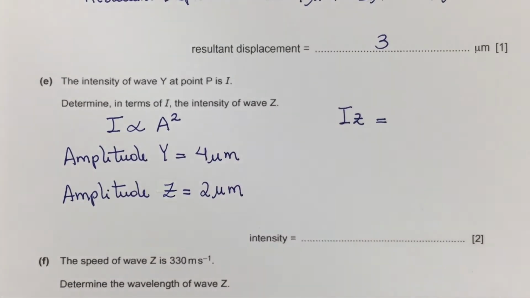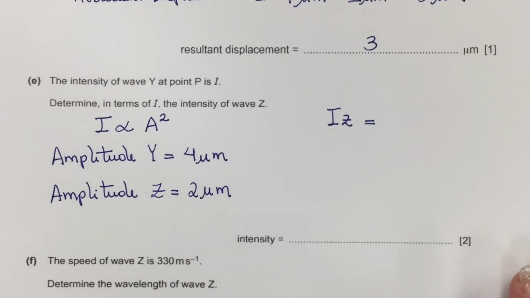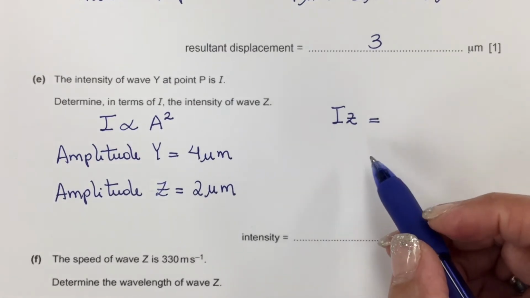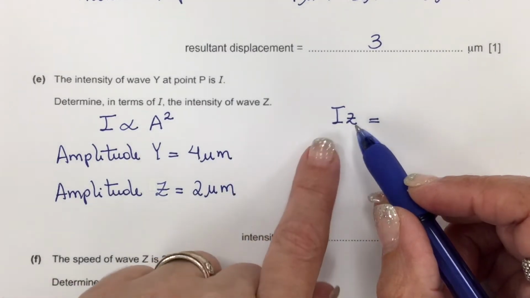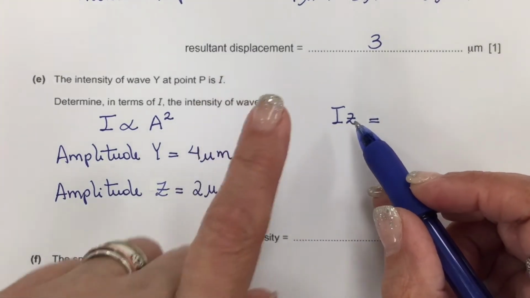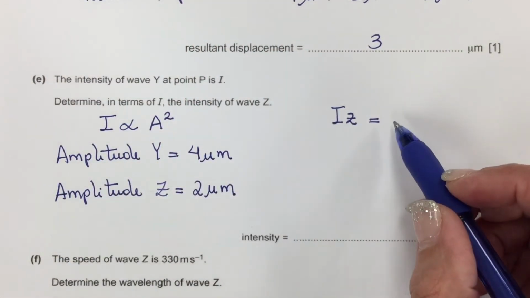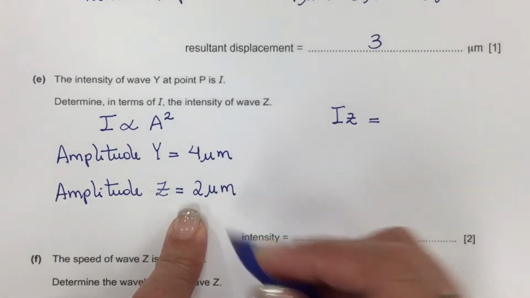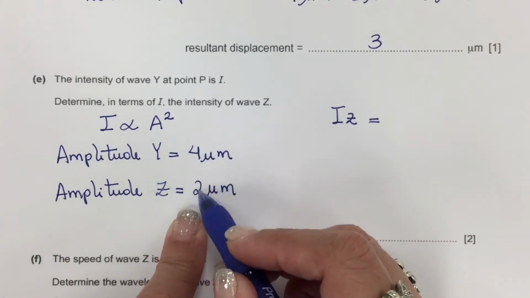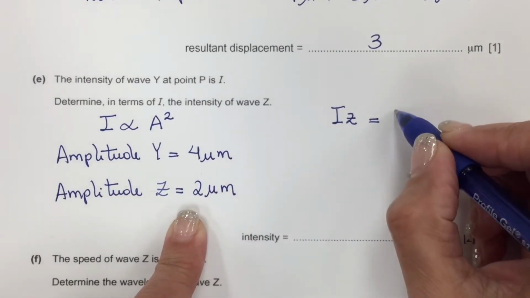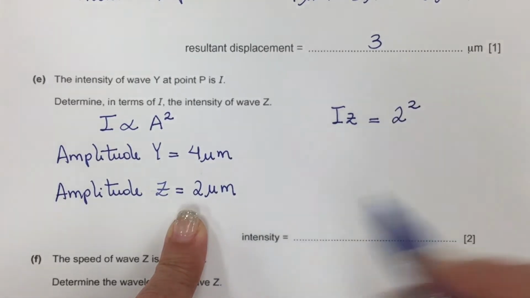So the intensity of wave Z is equal to the square of its amplitude. I'm going to use just the number, not the units. So in this case, 2 squared.